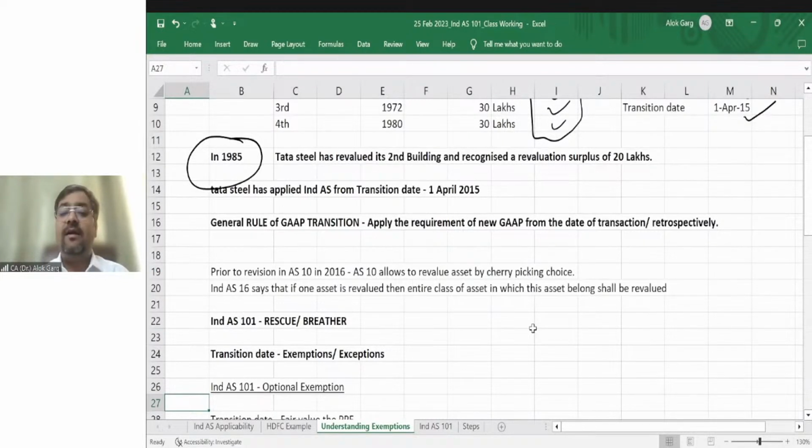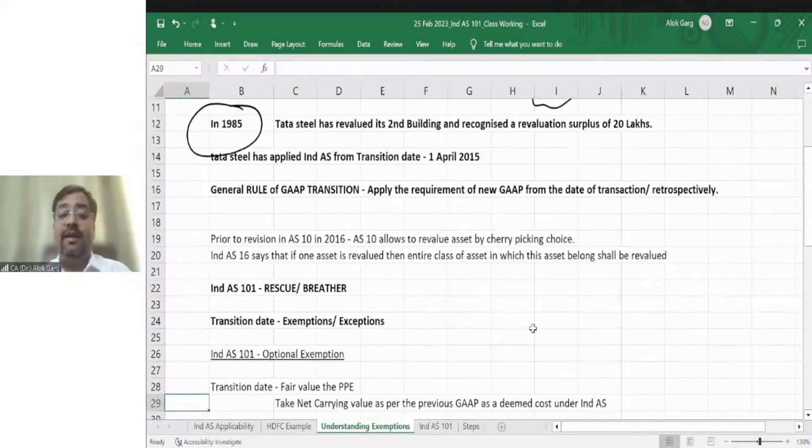Even the standard says to apply the requirements of Ind AS from the date of transaction retrospectively, right? But it is not possible for most companies. So that is why Ind AS 101 has given the optional exemption. What you can do is the fair valuation of the PPE on the transition date, right?